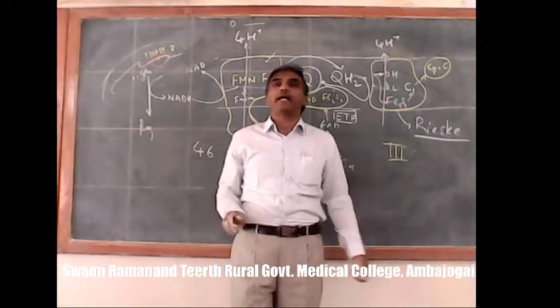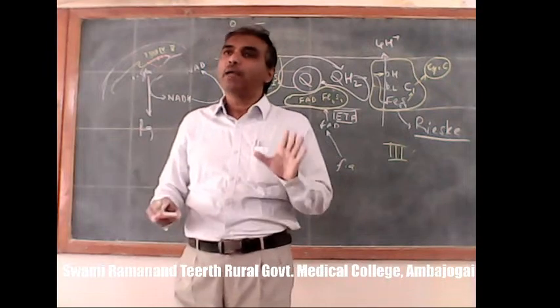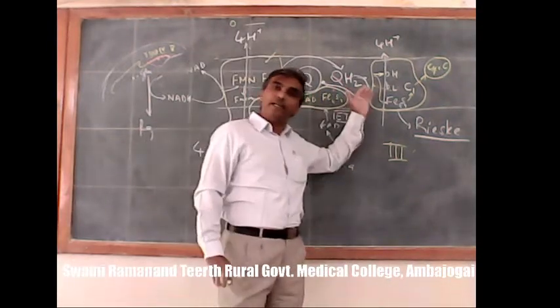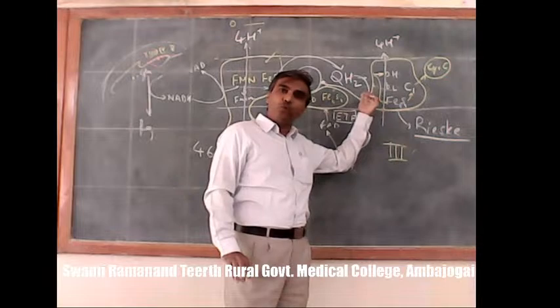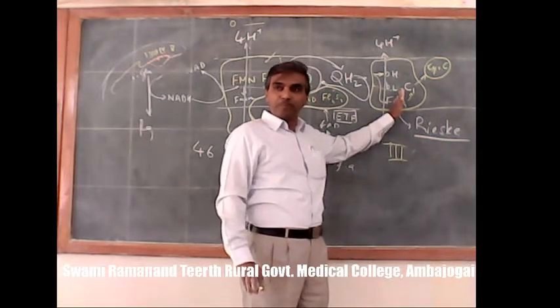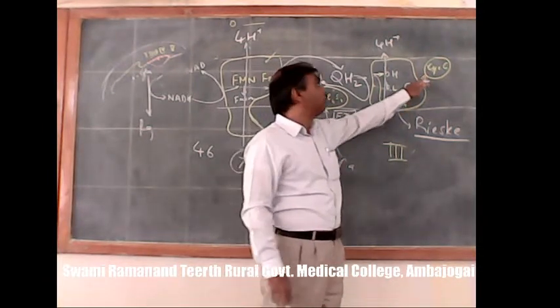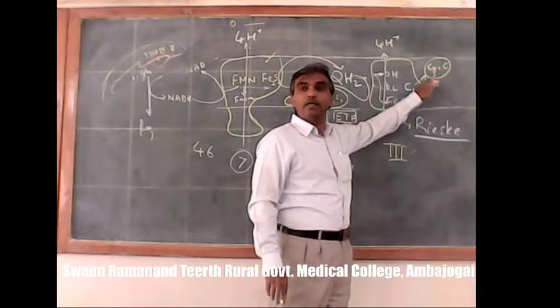That is called the Q cycle. If you remember it, it's okay, or just remember that the Q cycle is important for the transport of electrons from QH2, from ubiquinone, to complex 3, and finally from C1 it is given to the cytochrome.